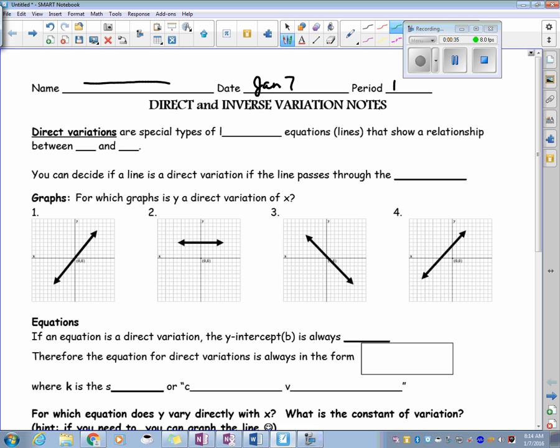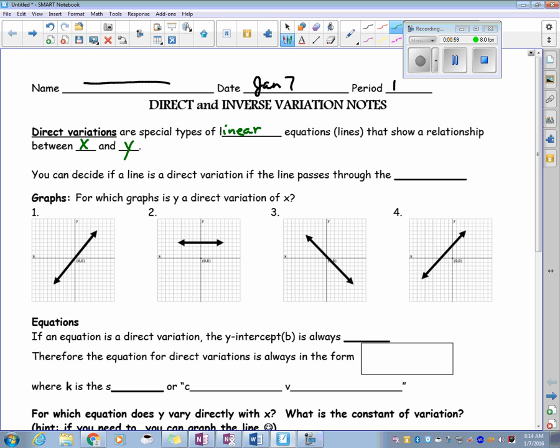So direct variations are special types of linear equations. That's why we're doing that in this unit: it is an application of the lines that we've been discussing that show a relationship between x and y.